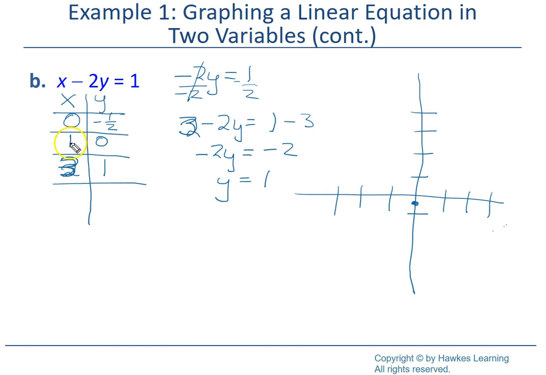And then I have 1, 0. So 1, 0 right there. Then I'm going to have 3, 1. So 1, 2, 3, up 1. So again, I now have a nice straight line. And I missed that because this is not proportionate.